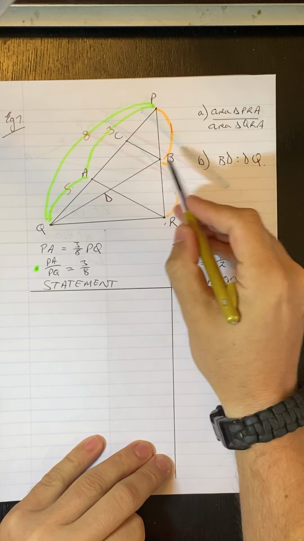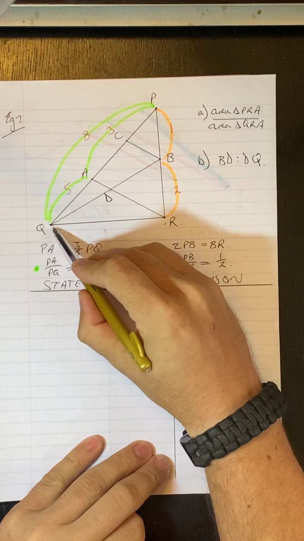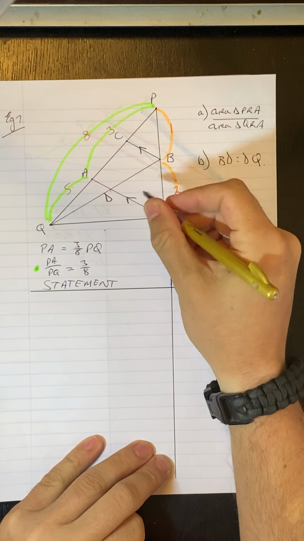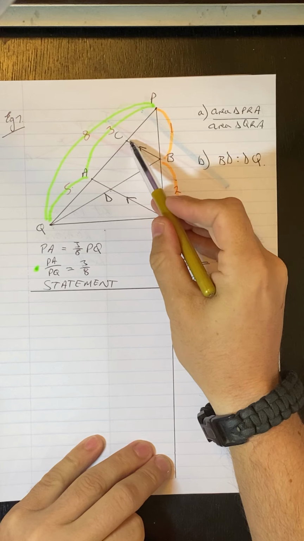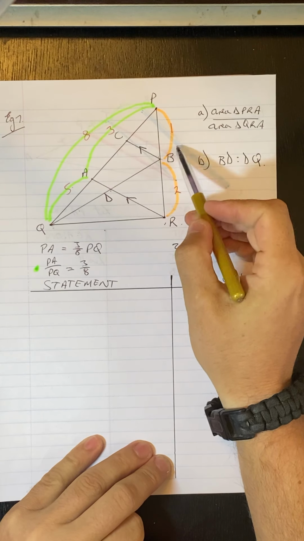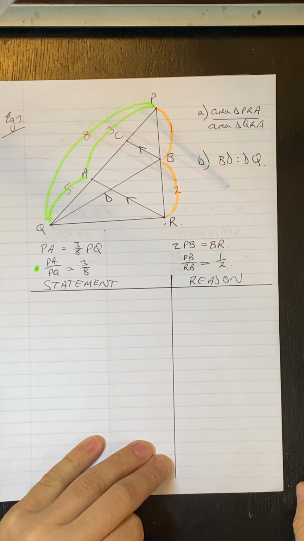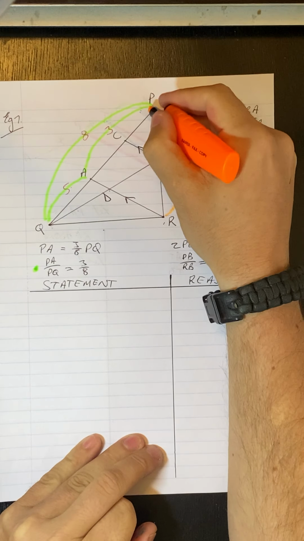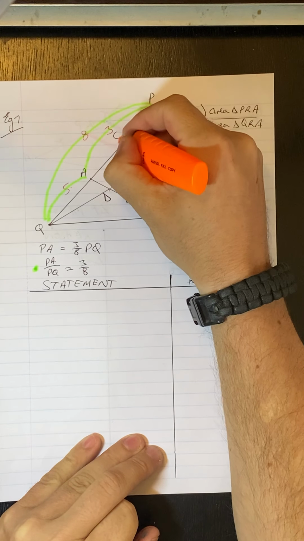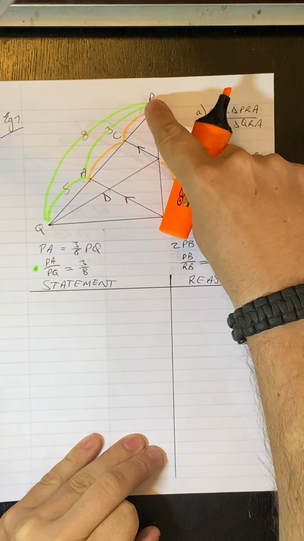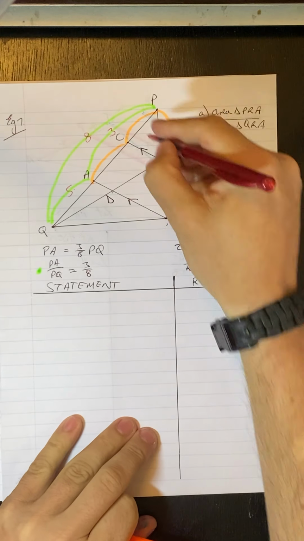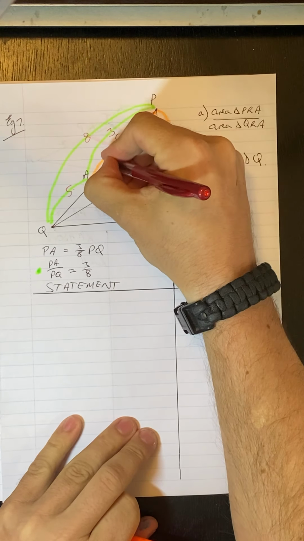Okay, so we're looking for BD to DQ. So I can see, and this is parallel, I can use this to this. So let me link this information over here, and because this is parallel to this, I can get that PC to CA will be the same as this PB to BR. So we get here 1 to 2 for that.